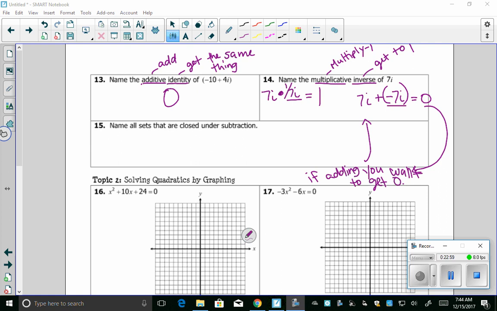So the last problem we're going to talk about for this topic is to name all the sets that are closed under subtraction. Well, the first one we have complex, we have imaginary, we have real, we have irrational and rational. I almost used the wrong letter.